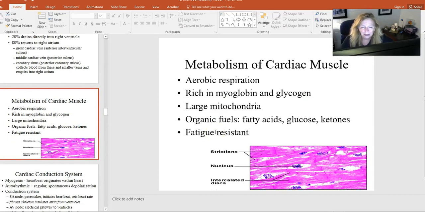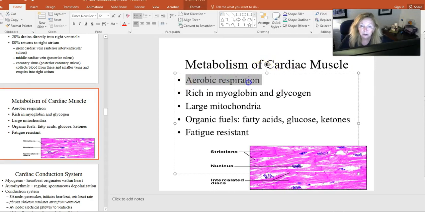The cardiac muscle is a little bit different than skeletal muscle and smooth muscle in that it depends almost exclusively on aerobic respiration. So you really can't go without the oxygen there. It actually has a protein called myoglobin that is storing some extra oxygen, and it also has a storage form of glucose in the form of glycogen.